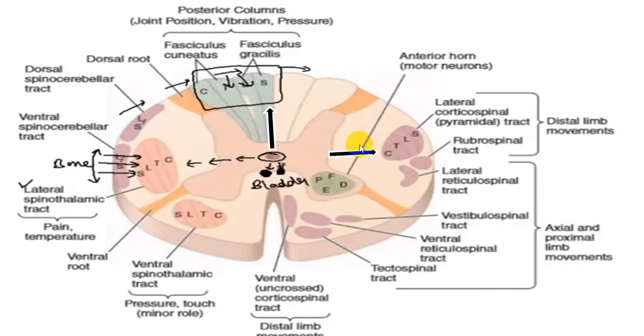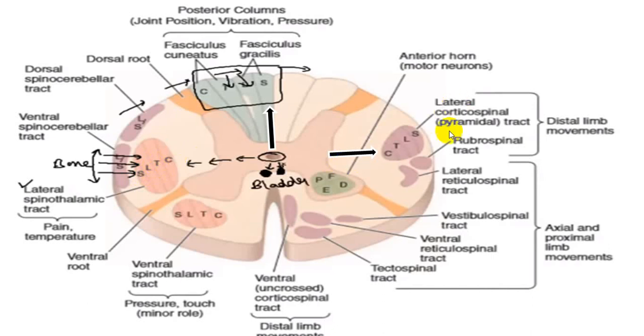This is the spinocerebellar tracts, dorsal spinocerebellar, ventral spinocerebellar, and this particular one is the lateral spinothalamic tract, and in that also you can see that the outermost fiber is sacral fiber, then lower limb fiber, then thoracic, chest and upper limb.